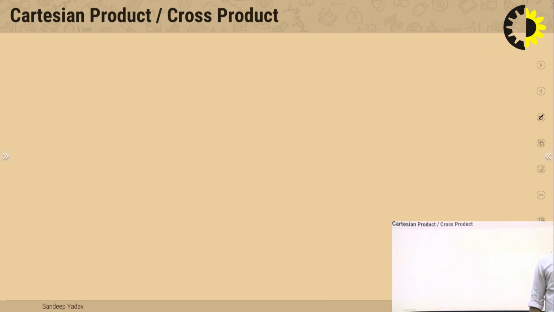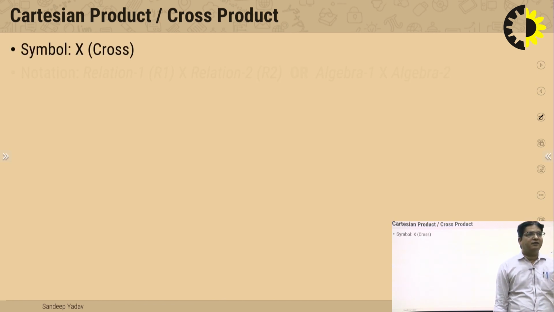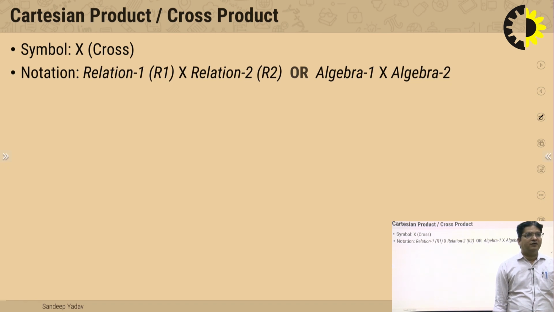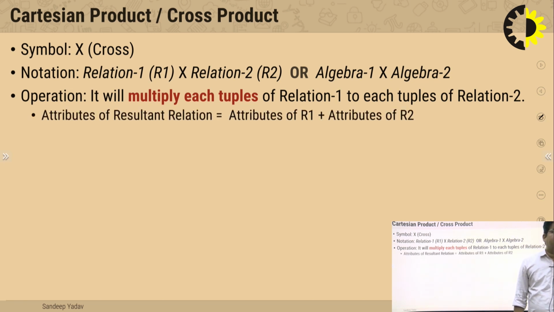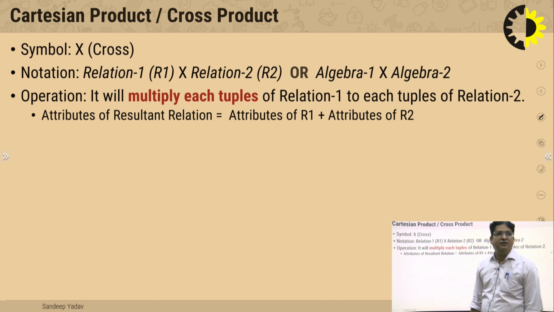Now, the next operation is Cartesian product, that we know very well, that is represented by the symbol cross. Suppose there are two relations R1 and R2 and we want the Cartesian product, then this is denoted by R1 Cartesian product R2, or in algebra, algebra 1 into algebra 2. It will multiply each tuple of relation 1 with each tuple of relation 2. So, how many attributes shall be in the resultant expression?